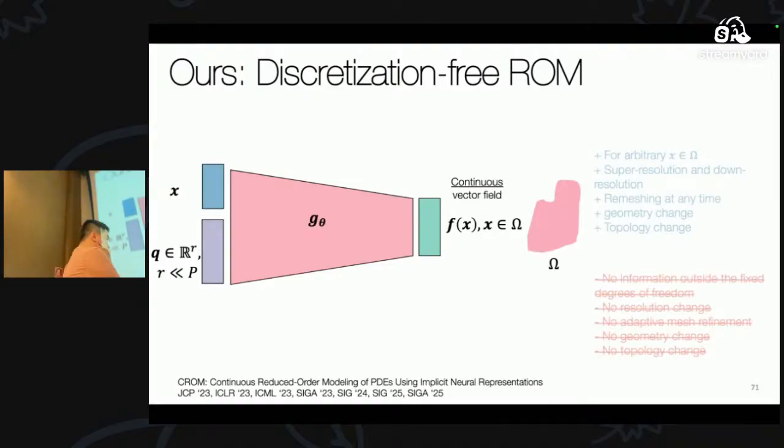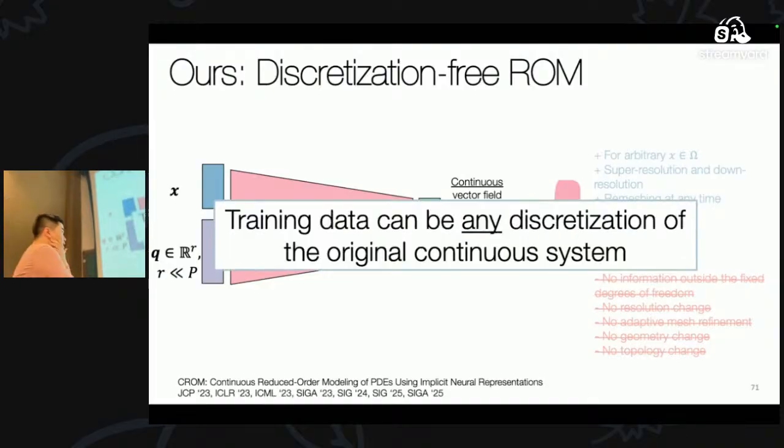So in theory, simply changing the architecture from the previous one to this one allows us to address all the challenges of the previous approach. Now you can train on data from any discretization of the original continuous system.